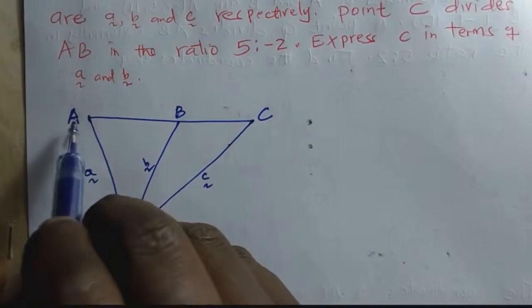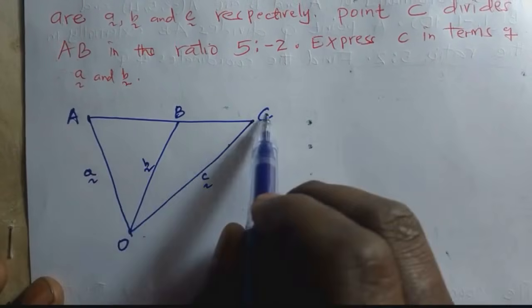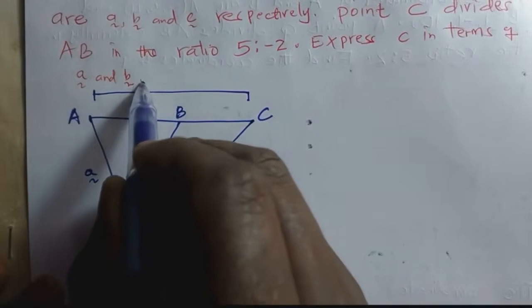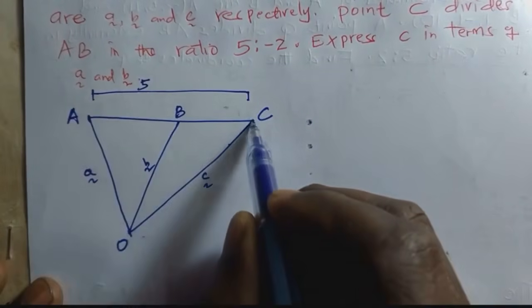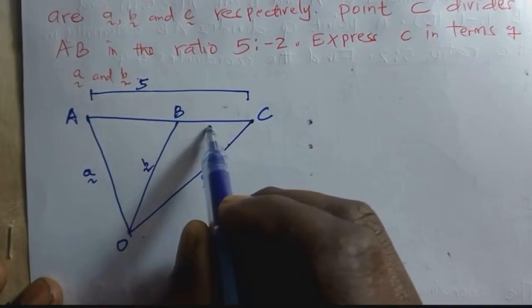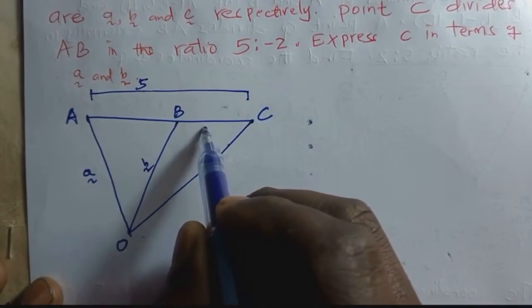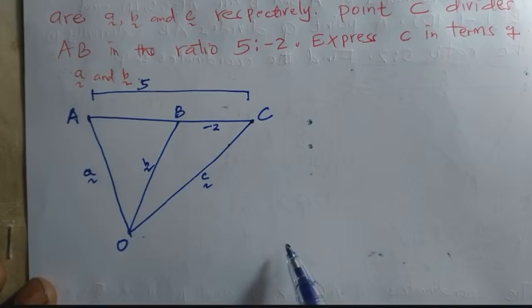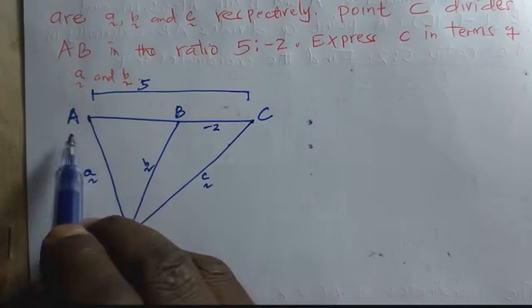From A to C, from here to here, it is 5 units. From here to here, it is 2 units. That's why it is given -2, because it is going and then coming back.